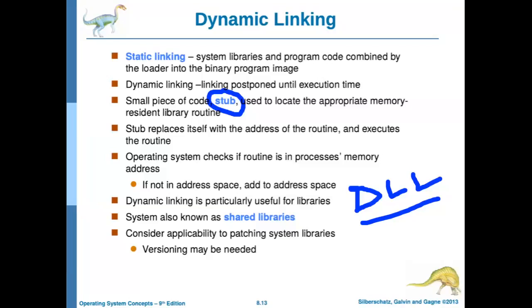Now it is the responsibility of the operating system to check if the routine is in the process's memory address space. If not in the address space, then add it to the address space. That's it. So this dynamic linking is really helpful in order to make your executables smaller in size.